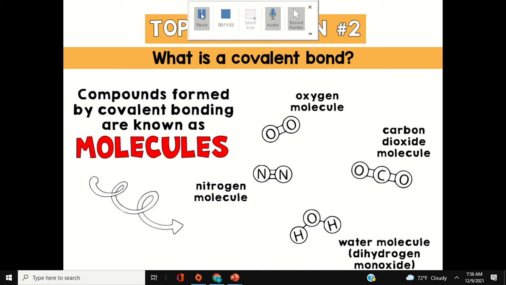Carbon dioxide, that's a covalent bond. Water, you can call it dihydrogen monoxide. We'll learn about naming elements, naming covalent bonds. It's very easy, shortly. So these are some examples of those covalent bonds. So just make sure in your doodle notes you write the name of these molecules.